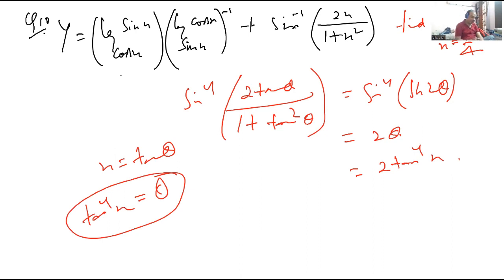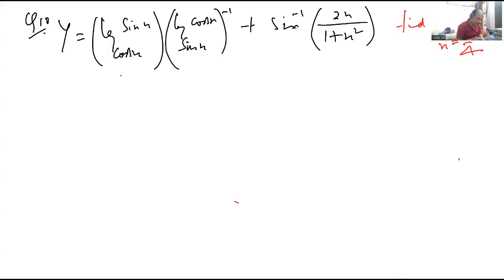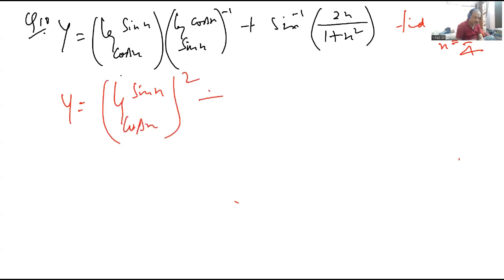So what I am going to write here is, see here. Now what I can write here is y is equals to log sine x base cos x whole square, and here this is 2 tan inverse x. These are the two things which I'm having here. Okay, clear? Now, the first thing I have to do here is differentiate both the sides.